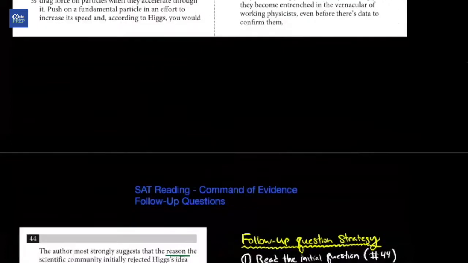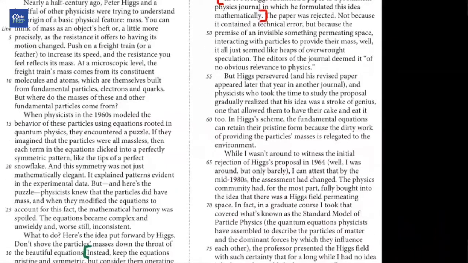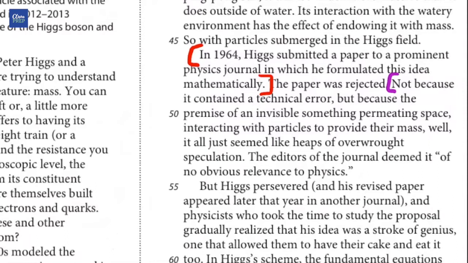So we can eliminate answer choice B. So now let's take a look at answer choice C, lines 48 to 53. Not because it contained a technical error, but because the premise of an invisible something permeating space and interacting with particles to provide their mass, well, it all just seemed like heaps of overwrought speculation.